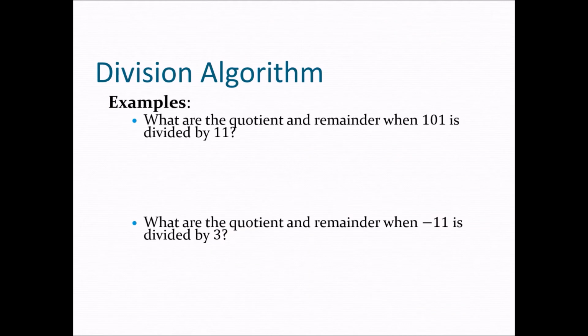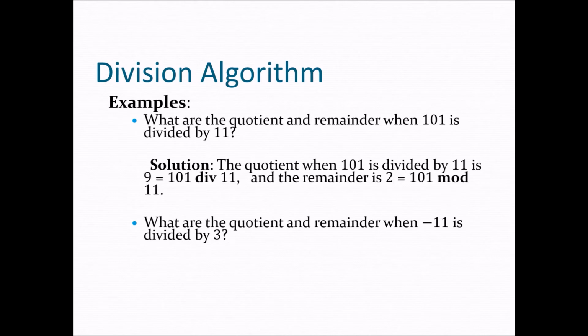Okay, next there are more examples on division algorithm. What are the quotient and remainder when 101 is divided by 11? So let's see. When 101 is divided by 11, we have quotient 9. That is, 101 can be written as 11 multiplied by 9 plus 2, right?